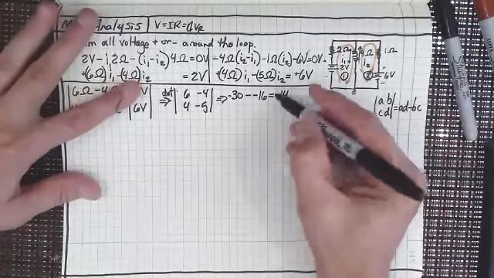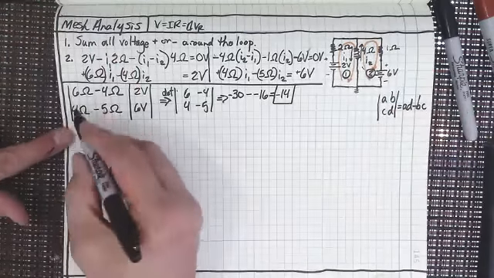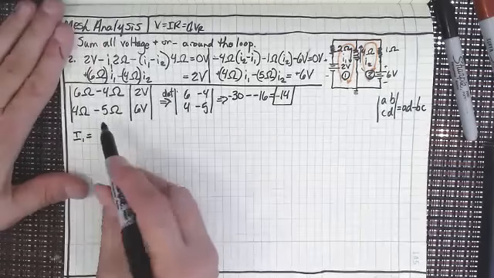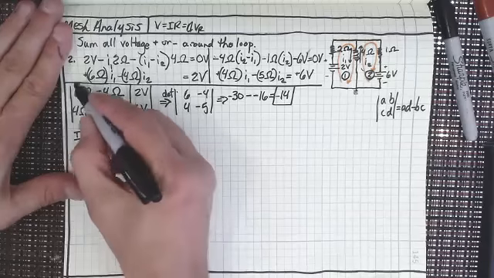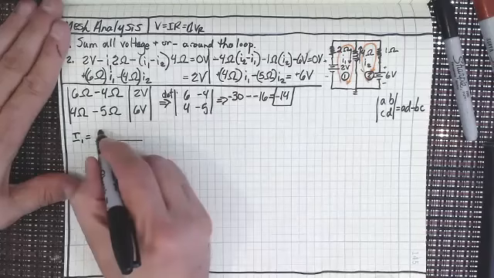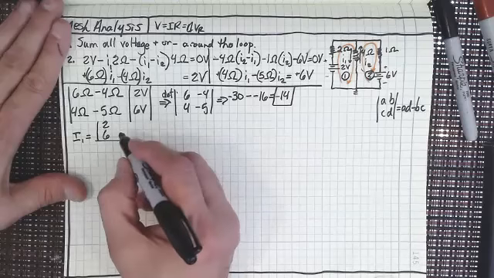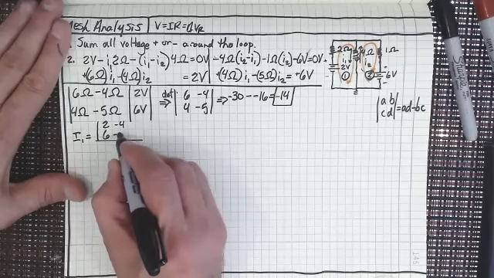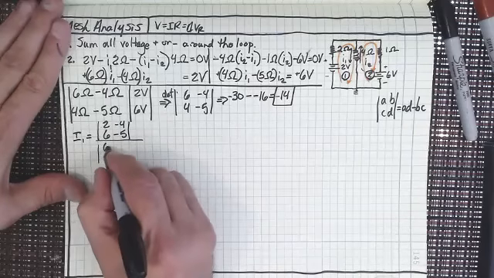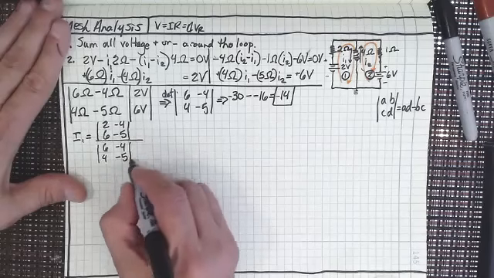Now I also want to find I1. Because I1 is the first column, I would replace it with my solutions column: 2, 6, minus 4, minus 5. And I would divide that by the one I have here, 6 minus 4, 4 minus 5.